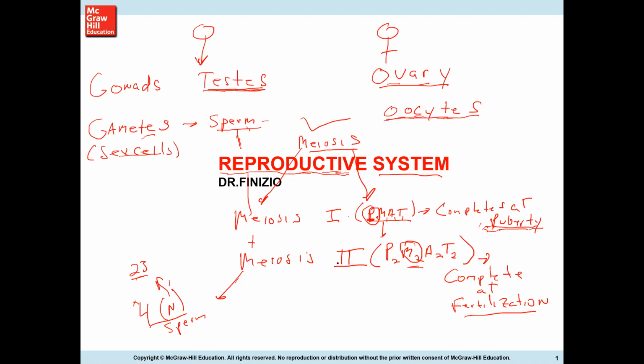And once that sperm, you know the story, right? On a Friday night, the sperm will swim through the uterus and then go into the uterine tube and meet up with an oocyte that was ovulated on the 14th day of the uterine cycle or the ovarian cycle.